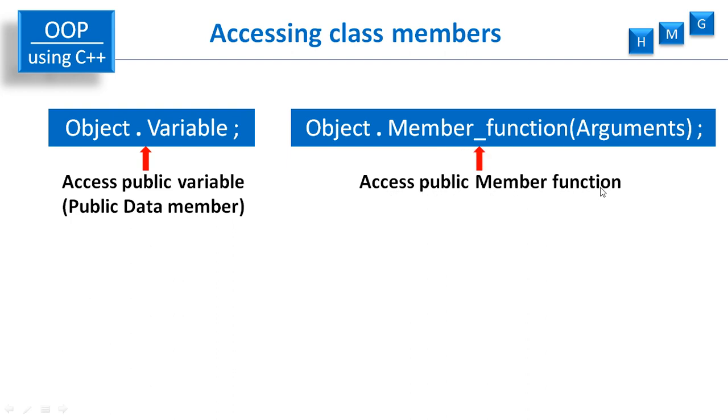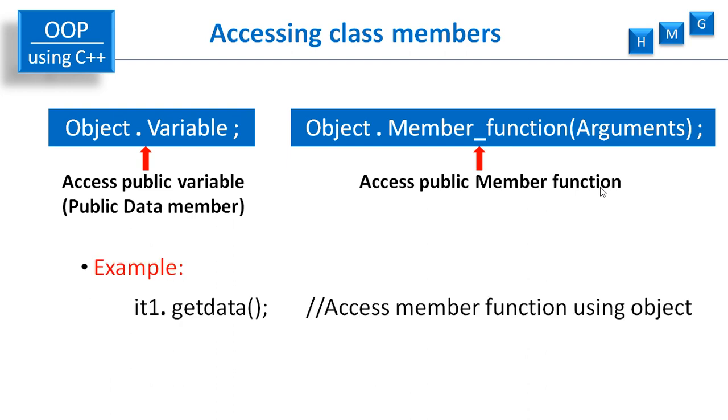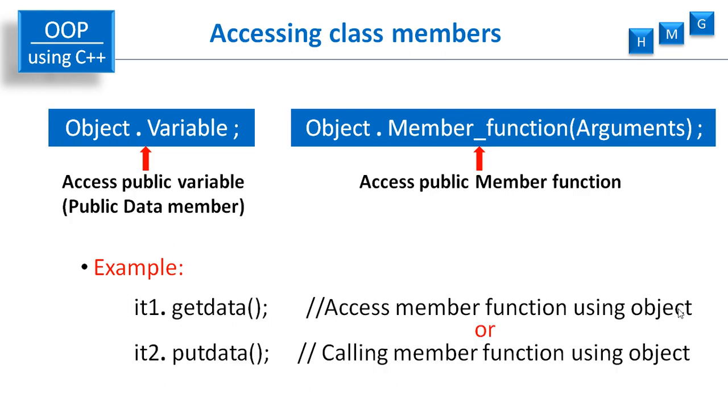For example, here it1 dot get data. What are we doing here? Accessing the member function using the object. Which is the object? it1. Which is the member function? Get data, and in between there is a dot operator. Second example, it2 dot put data. Here the put data function is being accessed by the object it2. So here we are calling the function using the object.